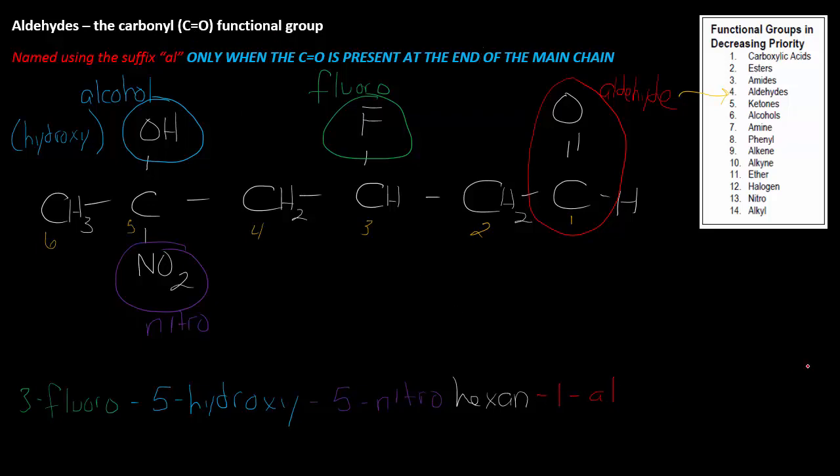Now I'm going to note here as well that oftentimes we would just write this as 3-fluoro, 5-hydroxy, 5-nitro-hexanal. We would leave out the 1. Why would that be? I'm going to draw your attention maybe to the definition up there in blue as to what constitutes an aldehyde.